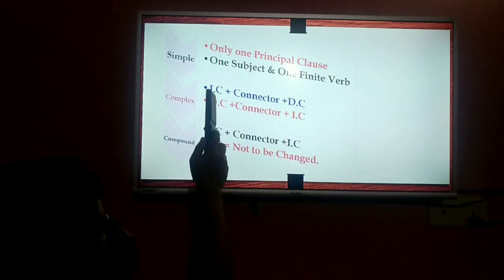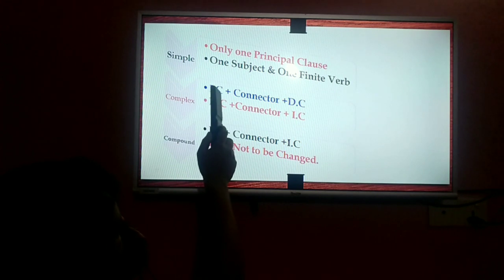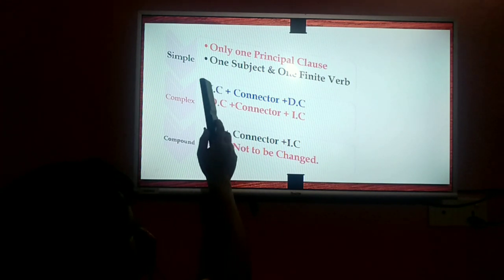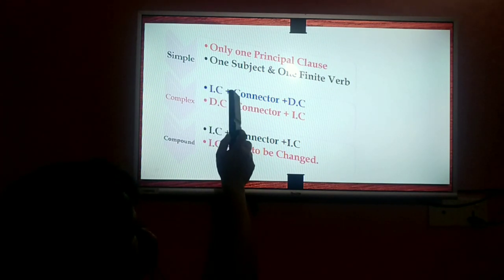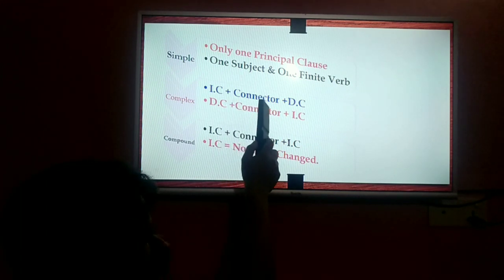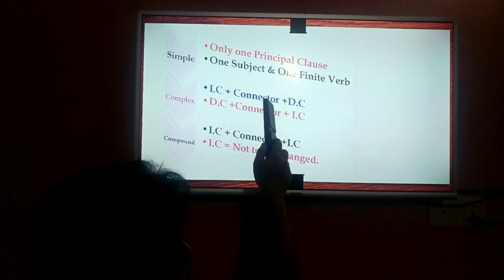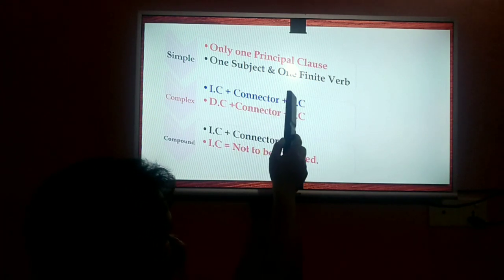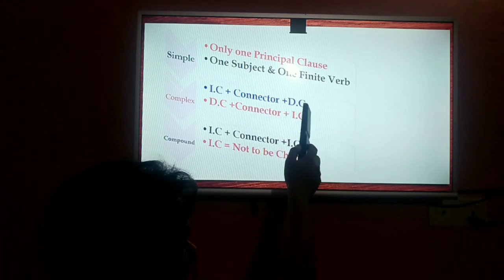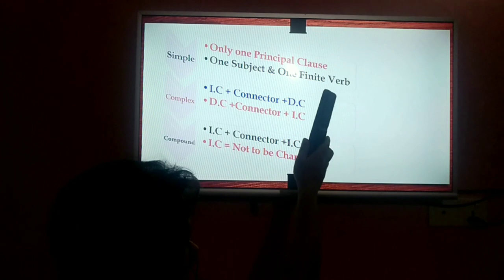Complex sentence: independent clause or principal clause, then connector, that means subordinator, and dependent clause, that means subordinating clause.